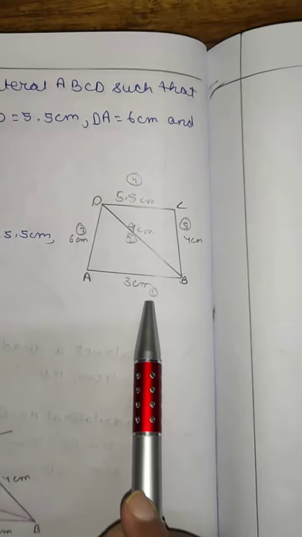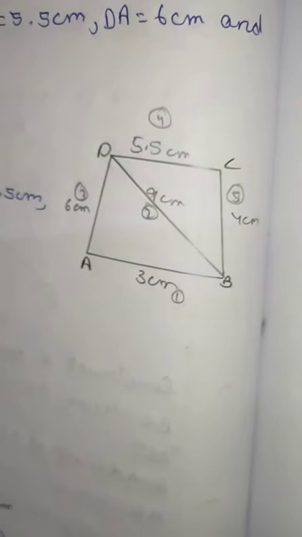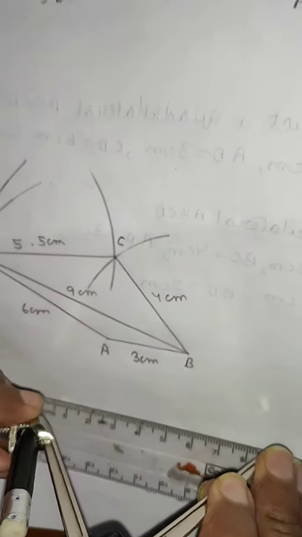First, AB measurement 3 cm. So place your scale, measure 3 cm, one line. Mark by AB 3 cm. Now your second step, BD 9 cm. 9 cm is very big. So you take the measurement according to your scale up to 9 cm.